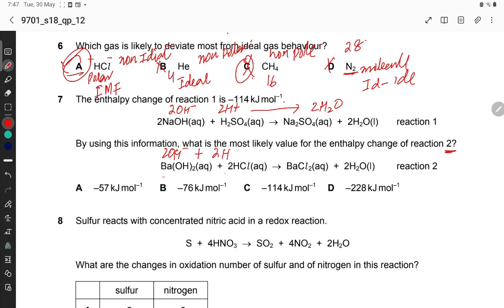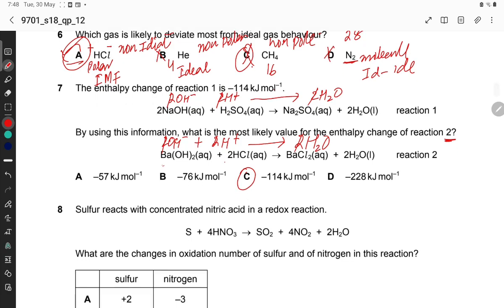So both reactions are the same, so the enthalpy change of reaction 2 is also minus 114 because the 2 is common and cancelled out, and both have the same ionic equation. Both are neutralization reactions, and that's why the enthalpy change of reaction 1 and 2 are the same, which is minus 114.